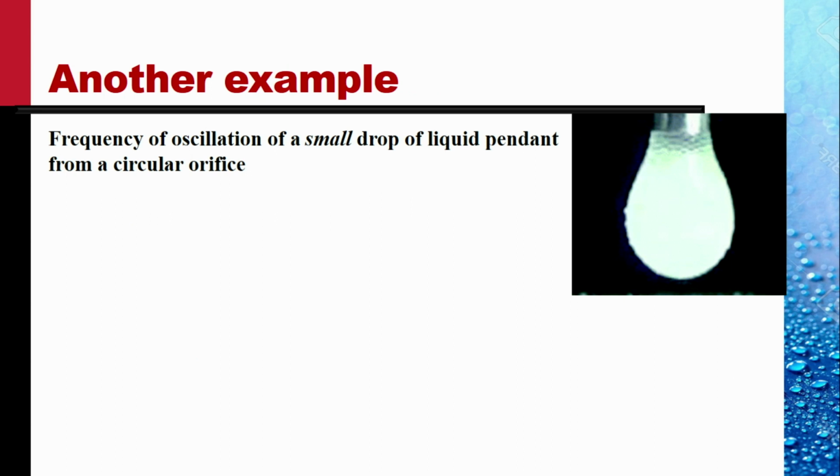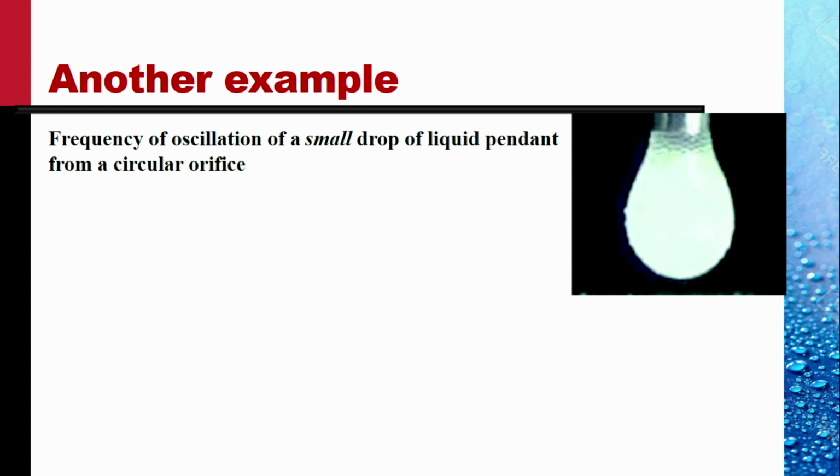Another example, if we take a small pipette and we let a small drop of liquid pendant from this pipette, from the circular orifice of this pipette, you would see the liquid drop something like what's shown in this figure. And this would oscillate under surface tension.